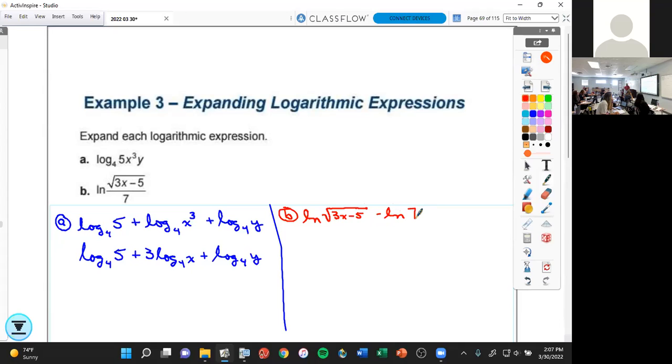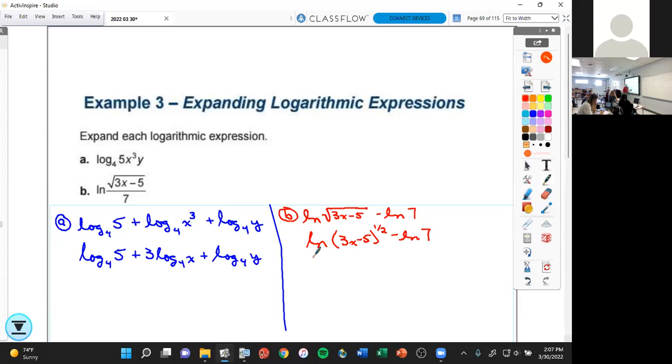No, that's squared. 1/2. So what this really is, is natural log of 3x minus 5 to the 1/2. Now we can clearly see the 1/2 needs to come out. 1/2 natural log of 3x minus 5.